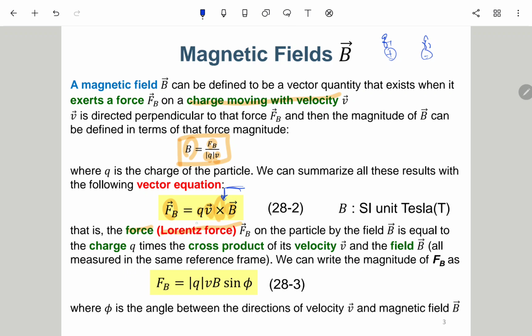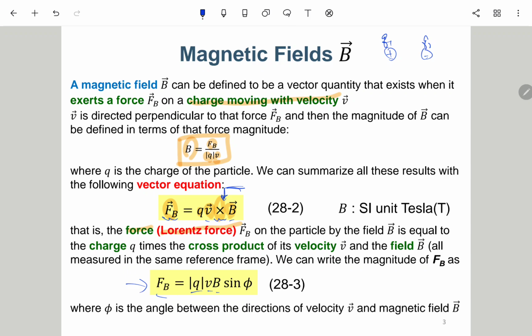Anyway, this Lorentz force is related to the operands of a cross product. If we just consider the magnitude, in scalar form, F_B will be Q V B, where V and B are the magnitudes of vectors V and B.